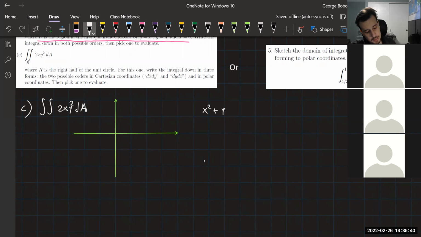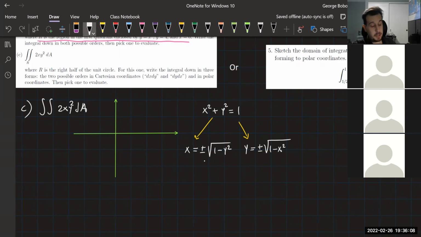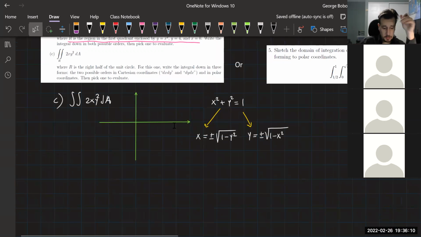Okay, so I can isolate this right now, either way I desire, depending on what way I'm going to do the integral, right? So I can isolate it for x, giving me plus or minus root 1 minus y squared. Or I can isolate it in terms of y and get the equivalent, but with x, right? Now, which one is defining the right half of the unit circle? We'll have to think a little bit about that.